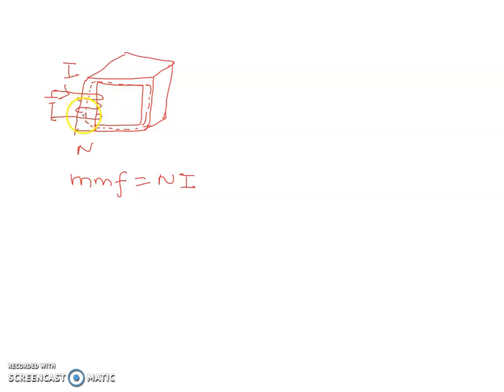The magnetic flux will not flow through the free space. It will flow only through the core of the transformer, whatever the device it may be, because the core is made of iron, so it has high permeability. That is, the relative permeability mu r of this metal will be more as compared to air.